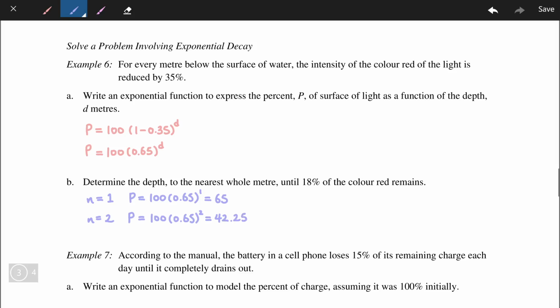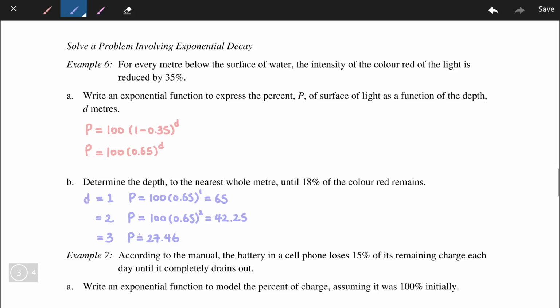It's very similar to the questions on the previous page, but that we did using a table. Same thing, when n is equal to 3, then p is approximately 27.46%. And then finally, when d equals 4, sorry about that, I don't know why I keep on changing the variable.